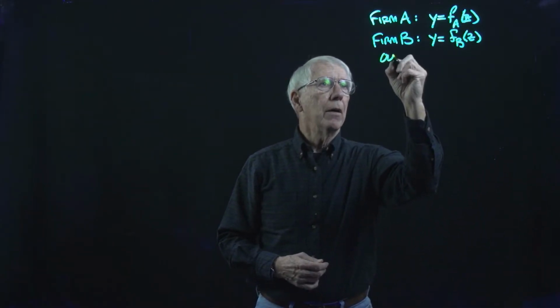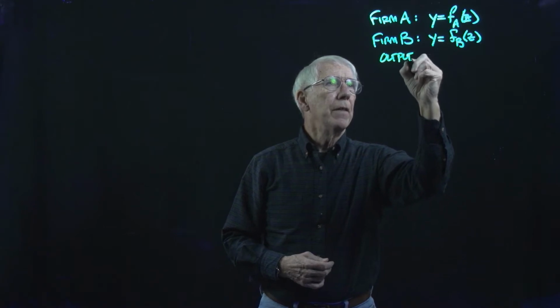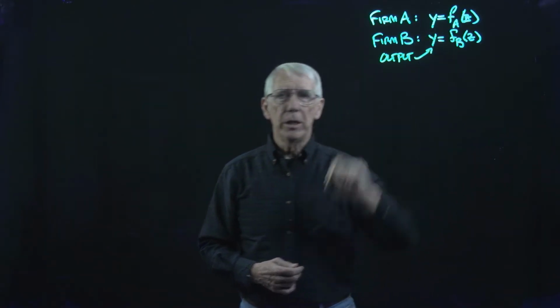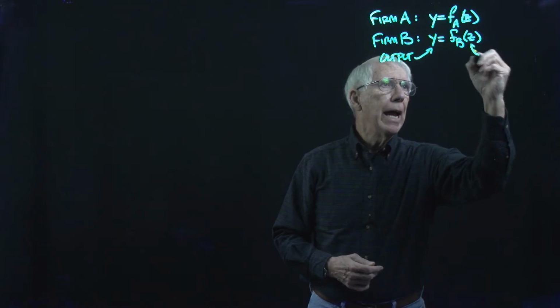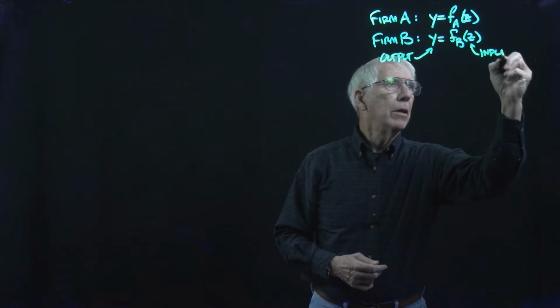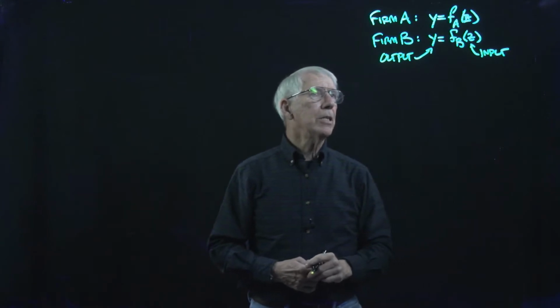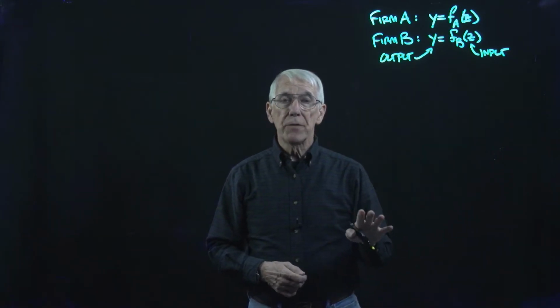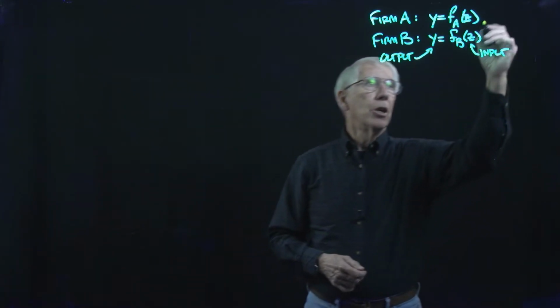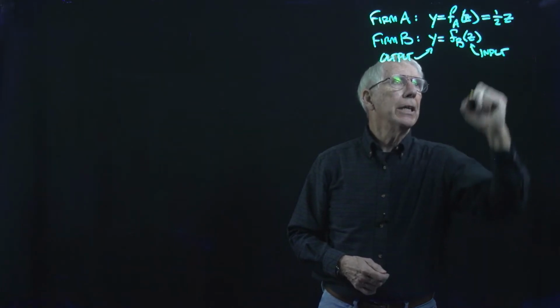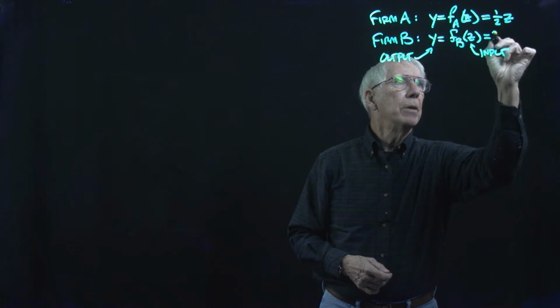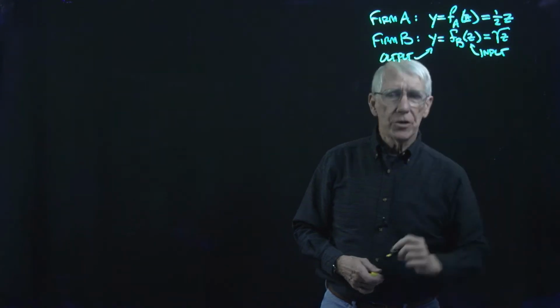So this is, of course, the amount of output. Y is the amount of output in each firm's case, and this is the amount of input in each case. And we're actually going to do a specific numerical example here. So this we're going to say is 1/2 times z, and this is going to be the square root of z.